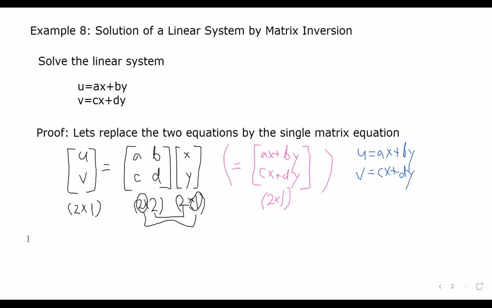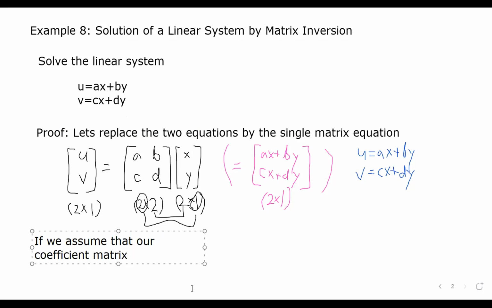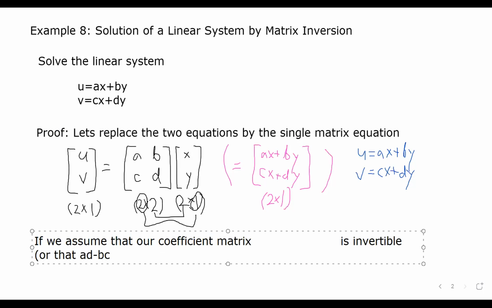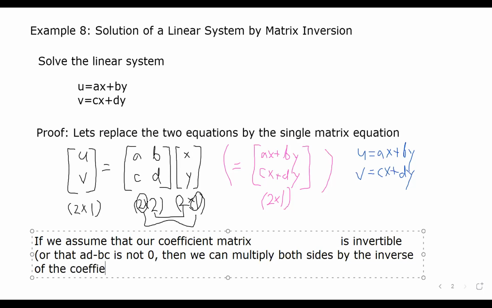If we assume that our coefficient matrix is invertible, or that AD minus BC does not equal zero, then we can multiply both sides by the inverse of the coefficient matrix and solve for the matrix.